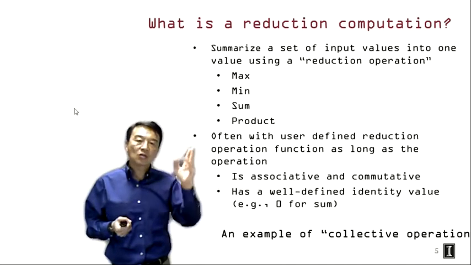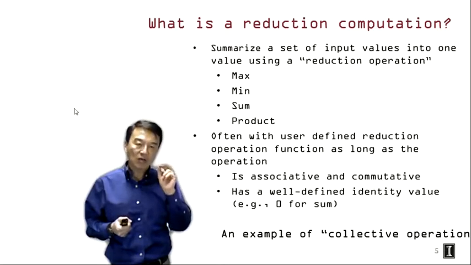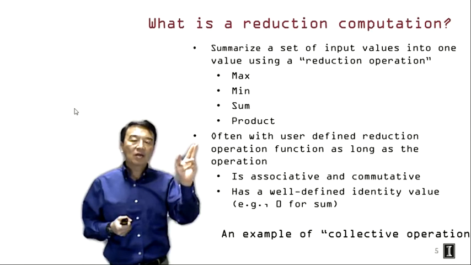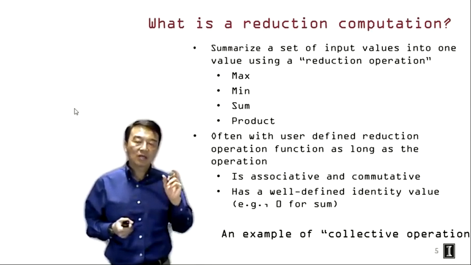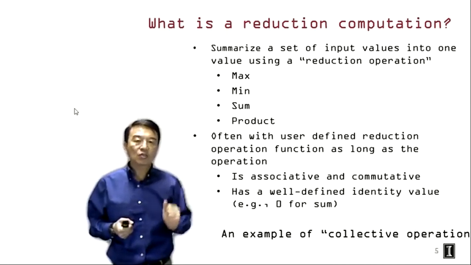So essentially, if we apply product reduction to a large data set, it will give us the total product of all the data elements. And all these operators, as you can see, are both associative and commutative. So that's why we can use the reduction on each of these kinds of operations.